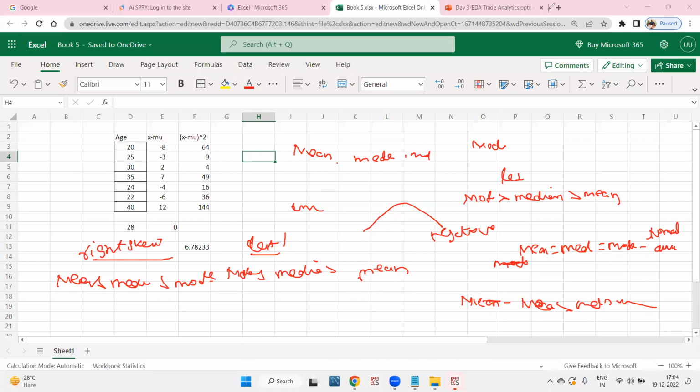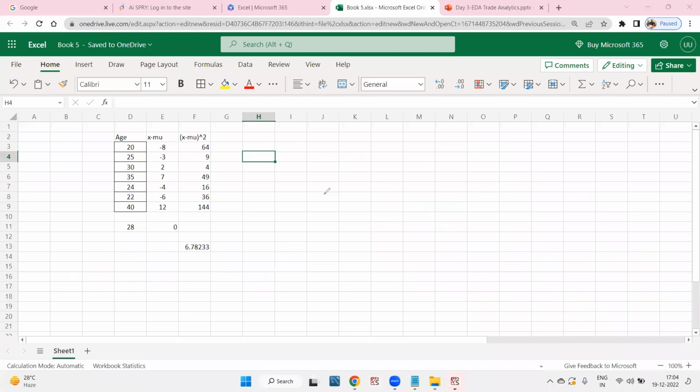So when we do this mean, median, and mode, how do we interpret it by the formula? The formula is x minus mu divided by standard deviation, the whole cube. See, we have the first moment business decision.